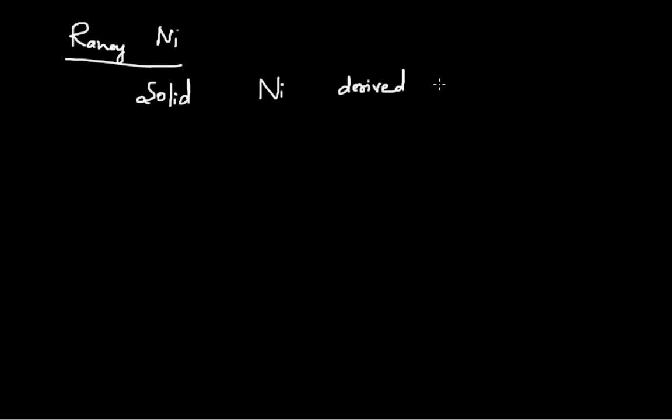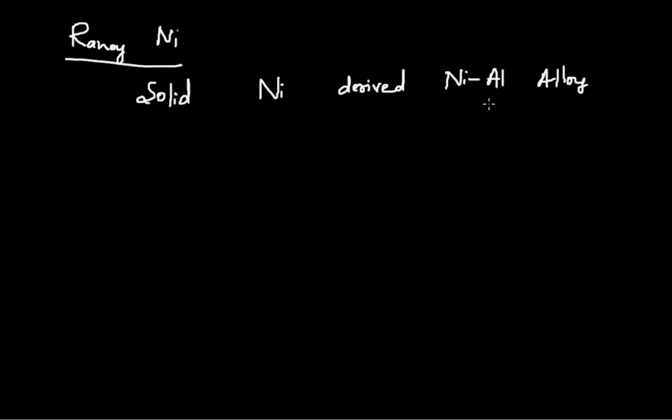Okay. So what is Raney nickel? Raney nickel is a finely grained solid, mostly composed of nickel, derived from a nickel and aluminium alloy.